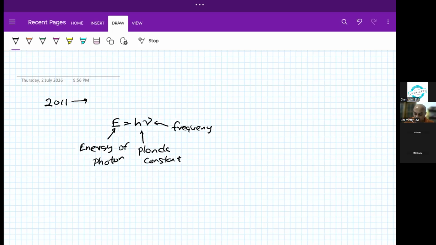And also we know c equals nu lambda, where c is the speed of light, nu is the same frequency that we are talking about, and lambda is the wavelength.